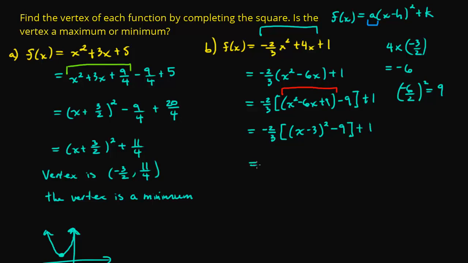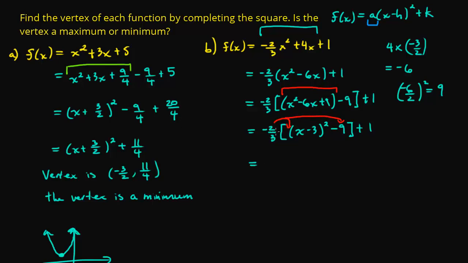Now, the last thing I need to do to make this equation look like this equation is just to distribute negative 2 over 3 into the bracket. So I'm just going to distribute negative 2 over 3 into this term and into this term to get rid of the square brackets.